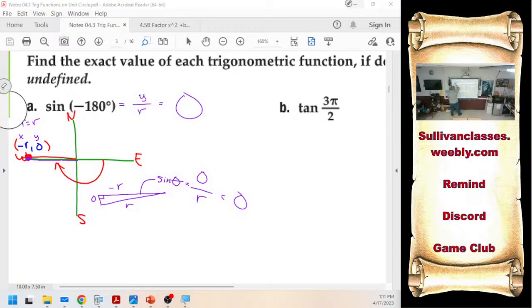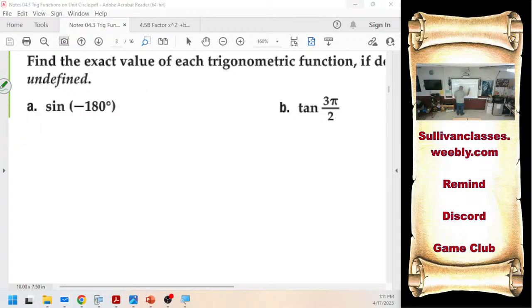3 pi over 2, where are we at? South. Okay, 3 pi over 2 is going to go like this. So what's the coordinate if my radius is r units?